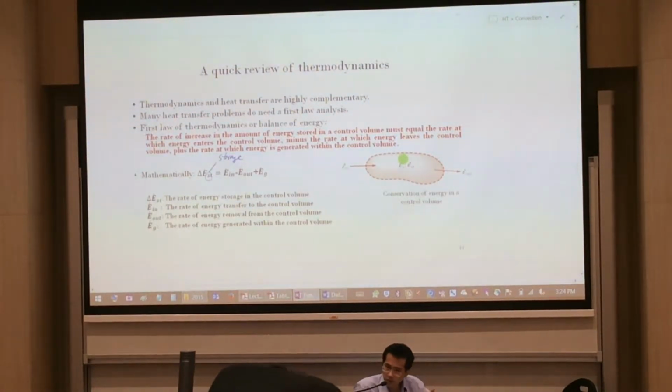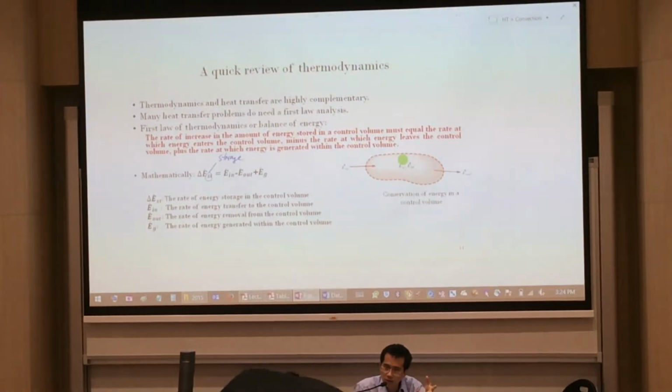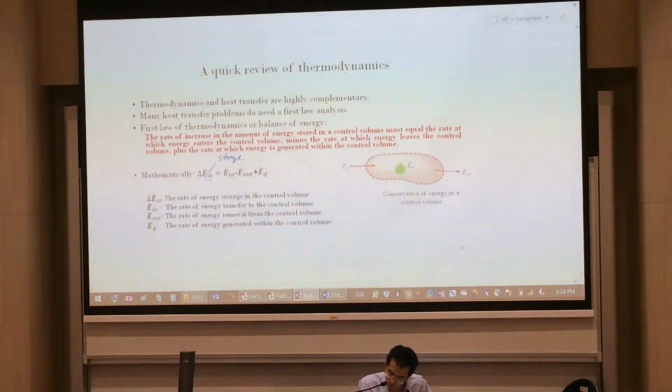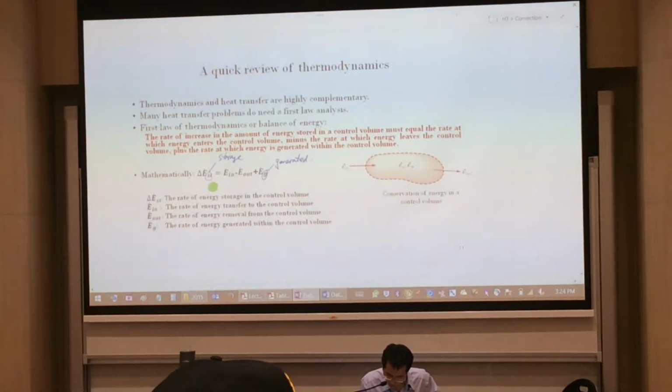So it could be a chemical reaction that's going on in there, like combustion. So if you have that kind of fluid flow through the system, then you would have the rate of energy that's generated. So this G here refers to generated energy. So if you're wondering, then what is E dot?